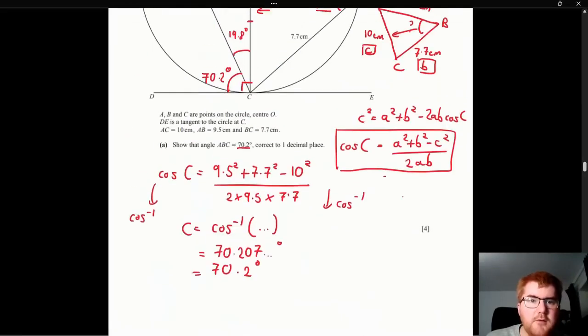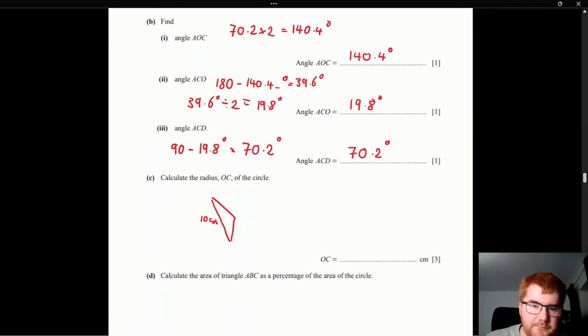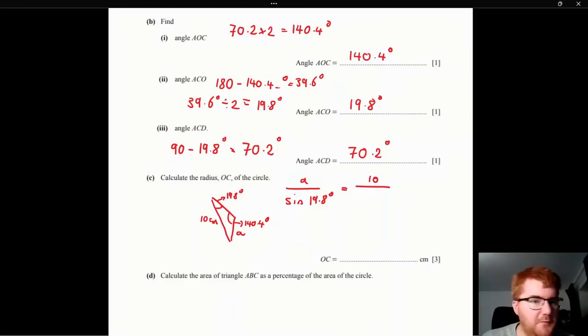We know the center angle is 140.4 degrees. We're looking for this side. Let's just call that A. And we know the angle opposite is 19.8 degrees. So to use the sine rule, we do A divided by sine of the angle opposite, so 19.8 degrees, and that's equal to 10 over sine 140.4 degrees.